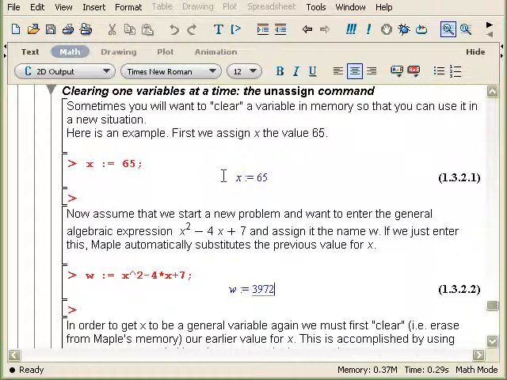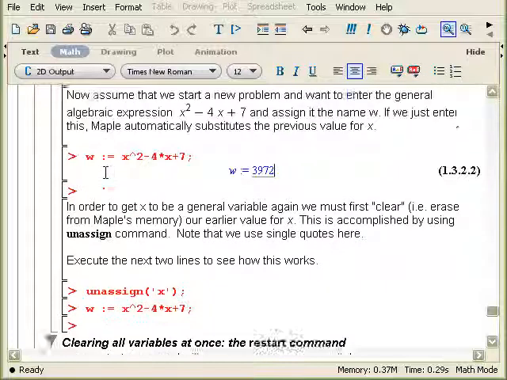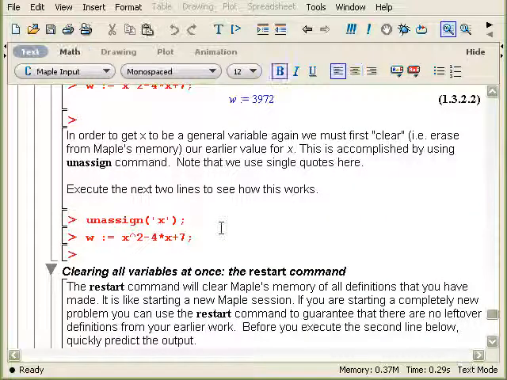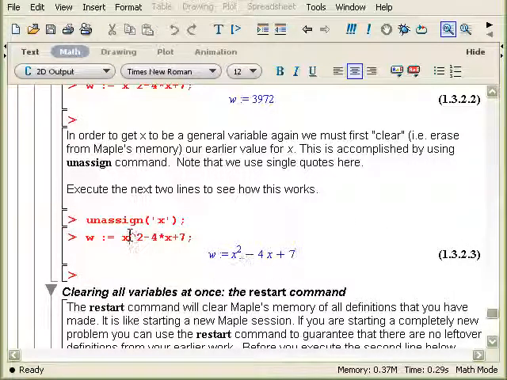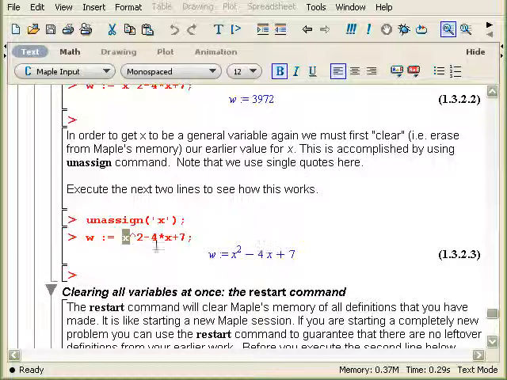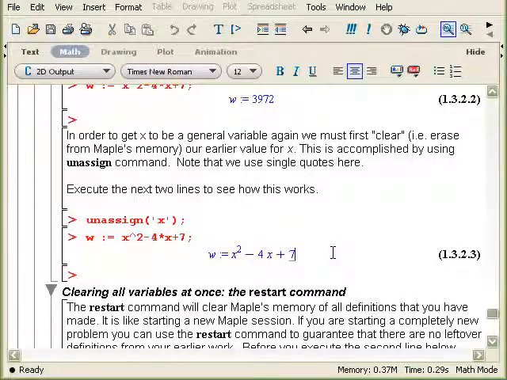But if you don't need this anymore, so you don't want to assign any new number whatsoever for X, then unassign X is going to be the command. Even with a semicolon, it still doesn't show any results because it's unassigning a number from a variable. So in this case, W is simply just like this because Maple doesn't understand what value X has here, so it just accepts X itself.